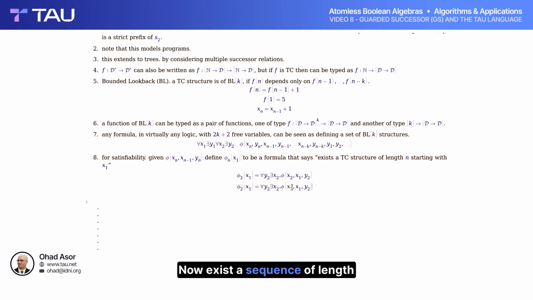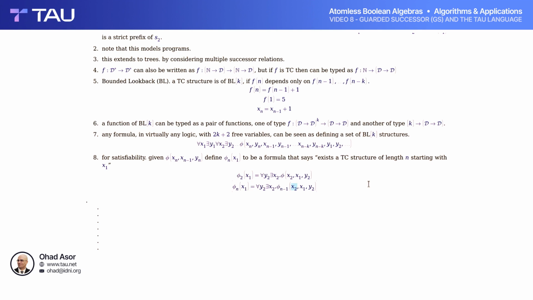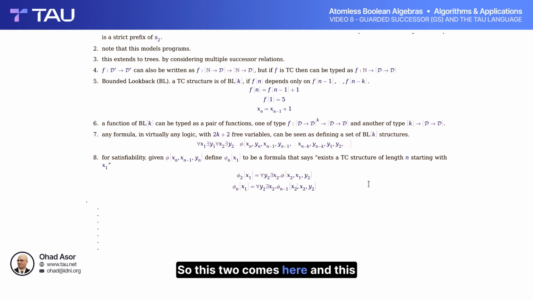Now, exists a sequence of length n that starts with x1. Well, so first there should be a sequence of length n minus 1 that starts with x2. So this 2 comes here, and here will come number 3, and here will come number 3.